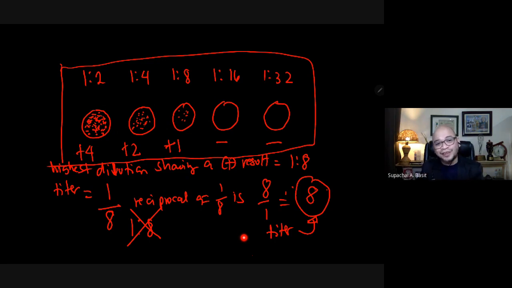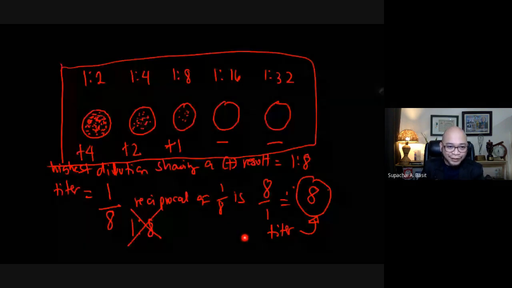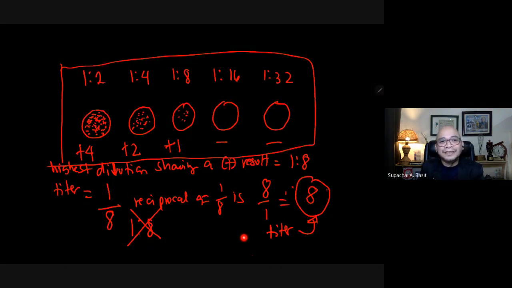Dilution is different from the titer because titer is defined as the reciprocal of the highest dilution showing a positive result. Therefore, the titer is not 1:8, but it is simply 8. Okay, so that is the titer, no?